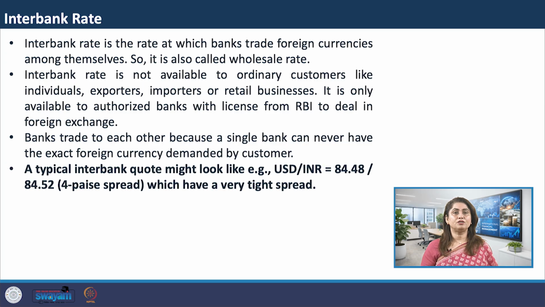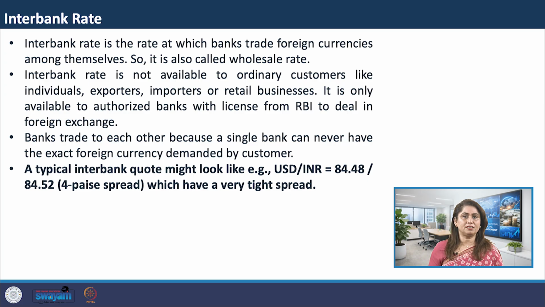Now, the crucial characteristic of interbank rates is that the spreads are extremely tight. A typical interbank quote might look like USD INR 84.48 by 84.52, where the spread is just 4 paisa on an 84 rupee base.